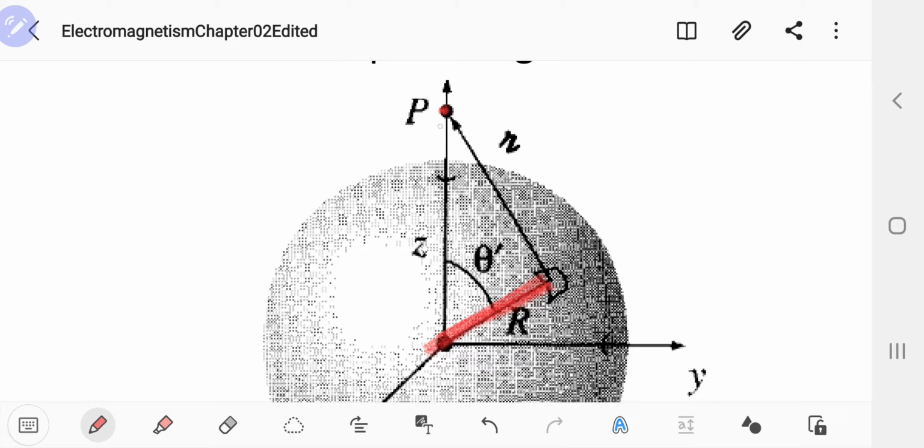There's a measured distance from P to the origin, and this is Z. And of course there's the distance between the dq here and the point P. That's what it means in our expression for the electric potential, and it's the same as in the electric field.